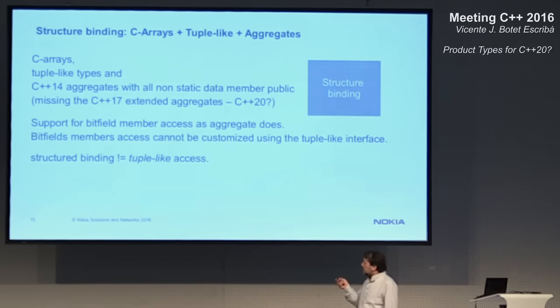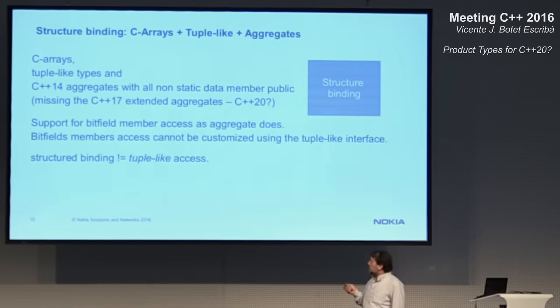As I said, structured binding supports C arrays, tuple-like types as customization point, and a subset of the aggregates, I would say C++14 aggregates, or structs that have all non-static data members public.